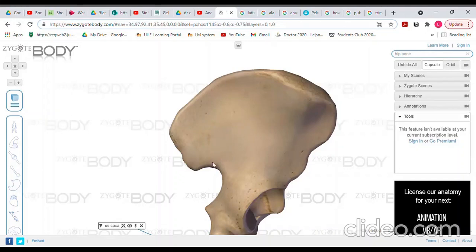This line we will call the middle gluteal line. Okay, this is the middle gluteal line. And we also have a third line called the inferior gluteal line. So the 3 lines are the posterior gluteal line right here, the middle gluteal line, which will look like this, and the inferior gluteal line. These gluteal lines split the bone into 4 different parts.